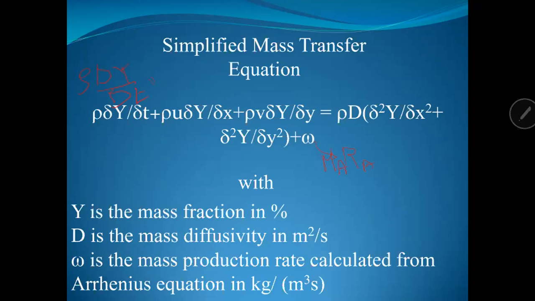A heterogeneous medium, when we mix ethanol plus methanol, or when we mix heptane plus decane plus octane, we mix all together, then Y is the percentage of each component. Did you understand what Y is? It's for the mass fraction chemical. It's for the chemical.